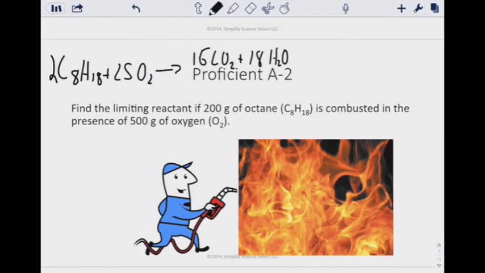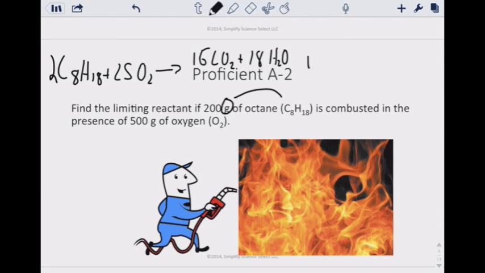Now we're going to have to do this twice, just like we did the previous problem. We're going to look at our octane, and we're going to look at our oxygen. So let's start working these out. Remember, we write it down. It says grams, so what do we need? We need the molar mass of octane.